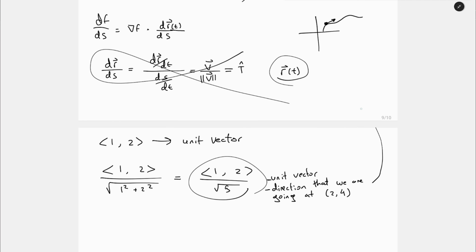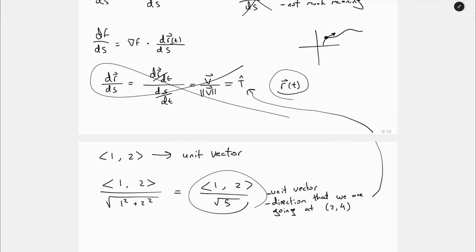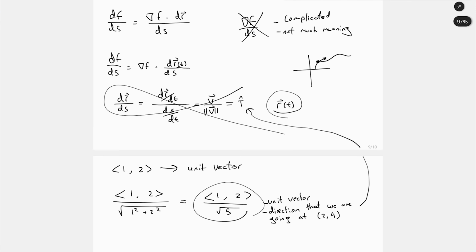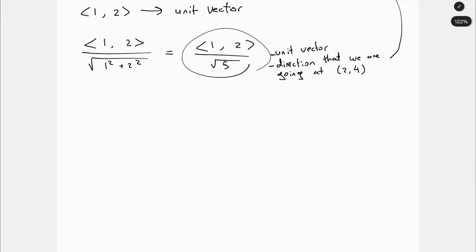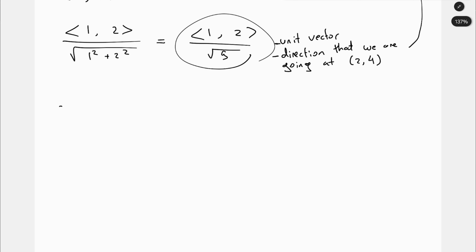So we can essentially come and write the equation we had before, df ds equaling grad f times dr ds, into this.